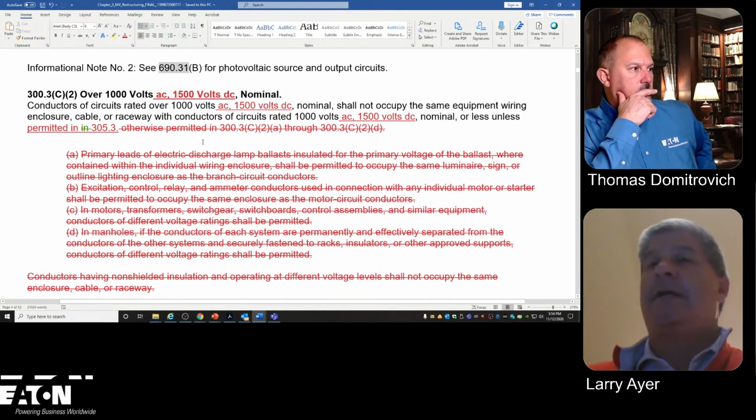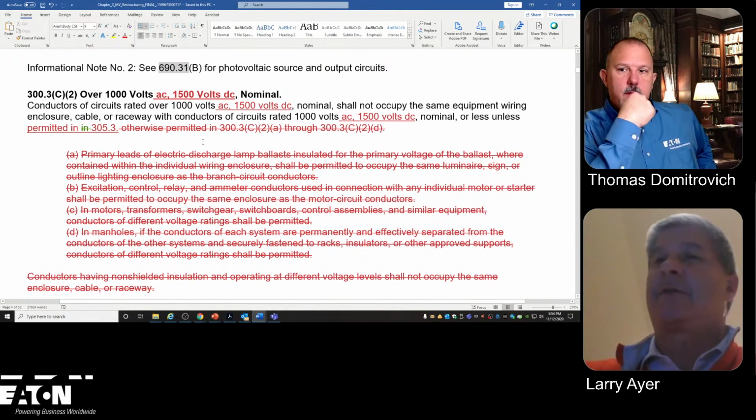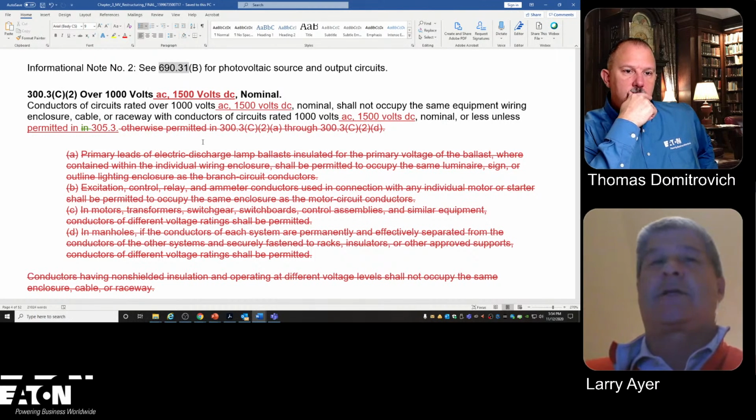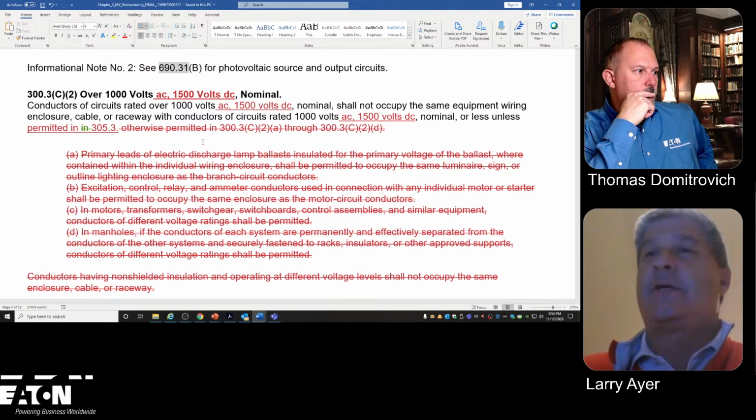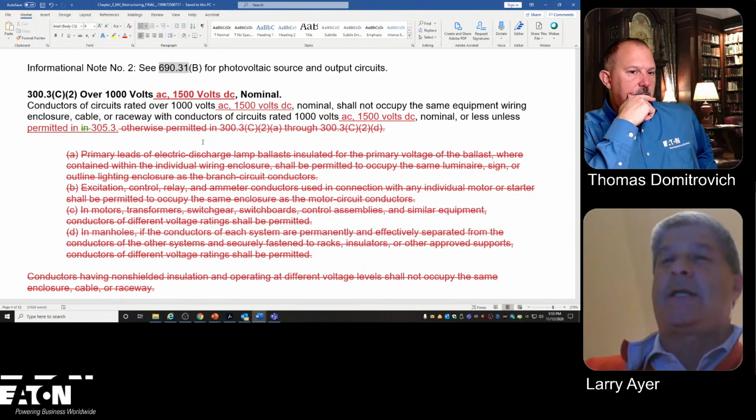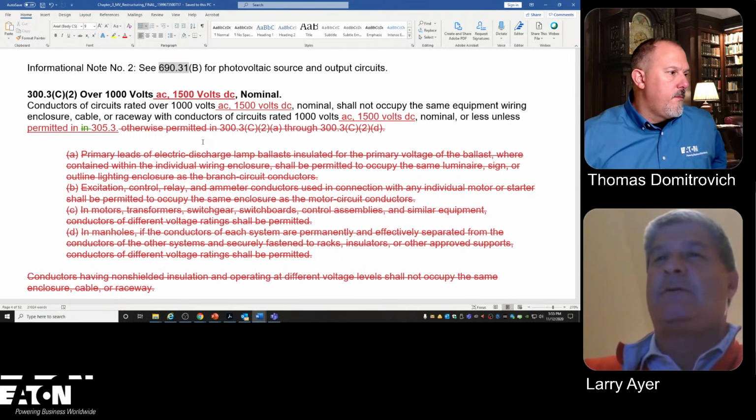Okay, so what's interesting is if you read the original language, and let's look at the old language, it says conductors of circuits rated over 1,000 volts, nominal, shall not occupy the same equipment, wiring, enclosure, cable arrays with conductors or circuits rated 1,000 volts, nominal or less, unless permitted.